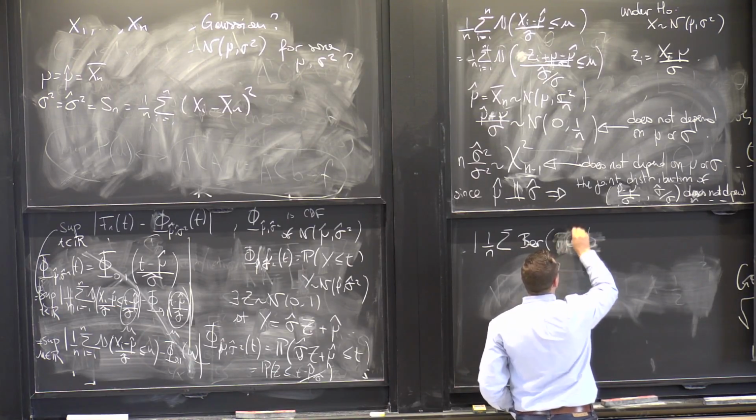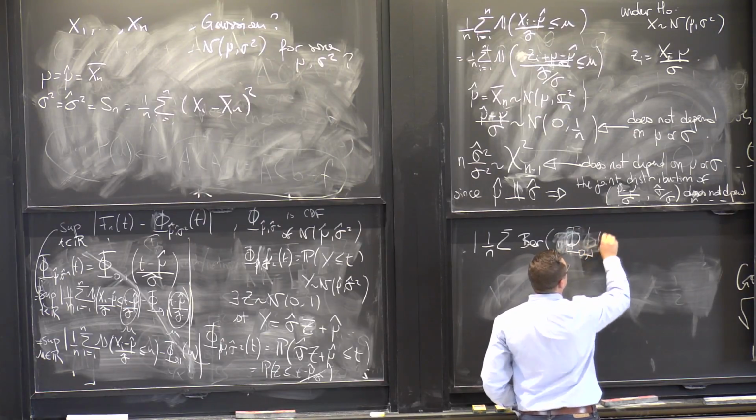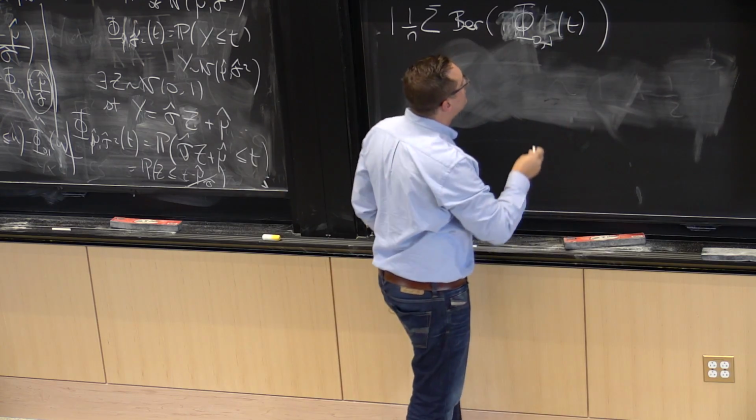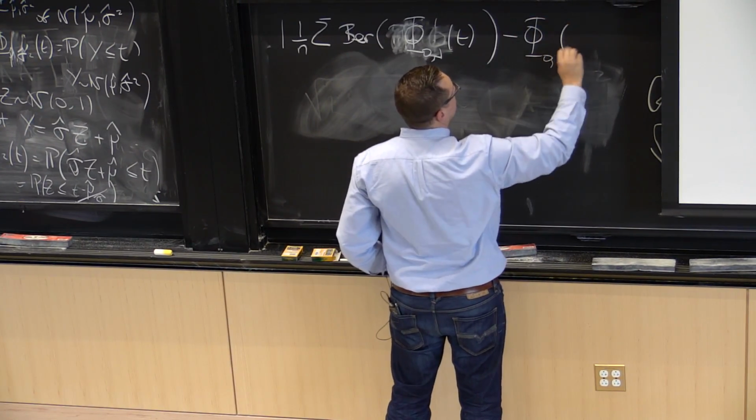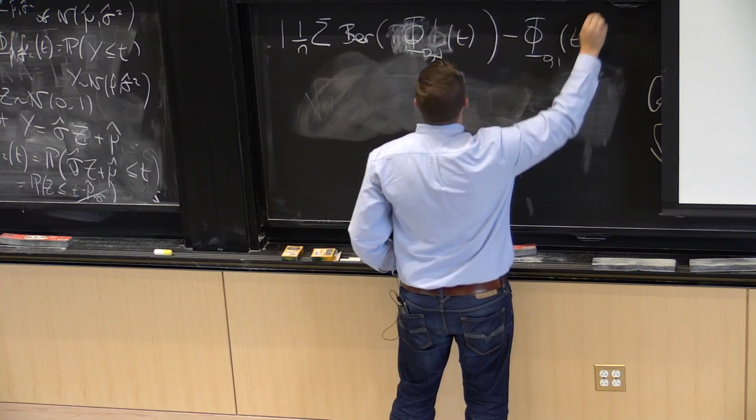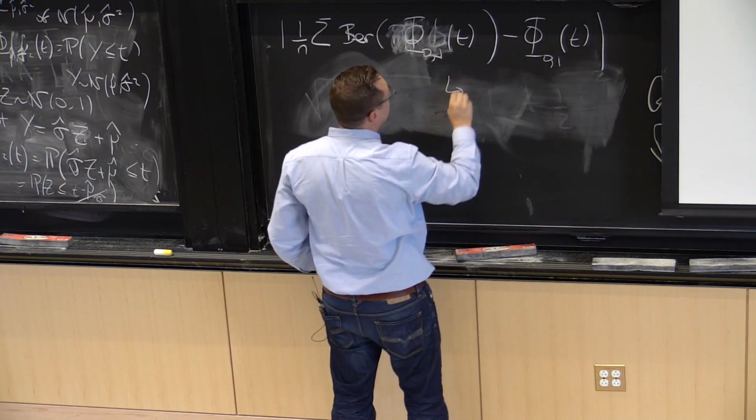Well, let me write that out. So that's phi_{0,1} of t. OK, so that's for the KS test.